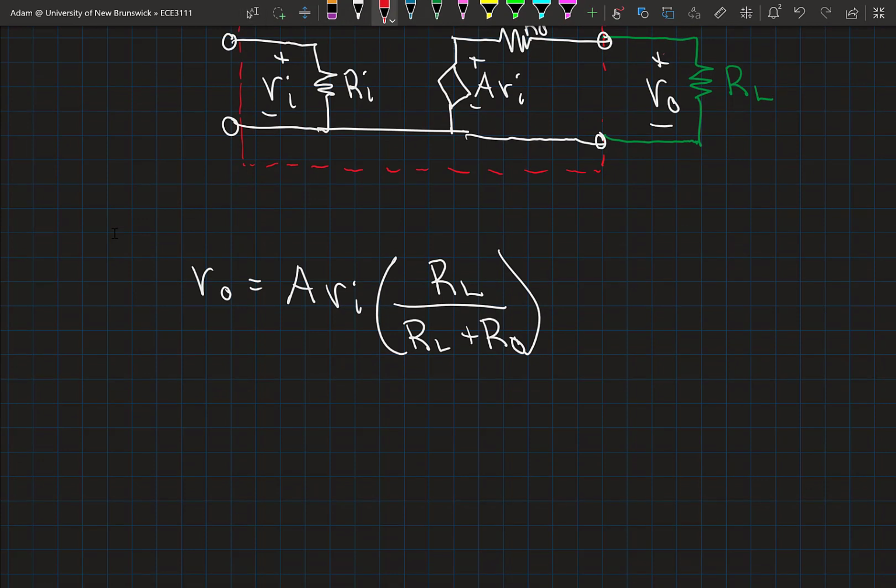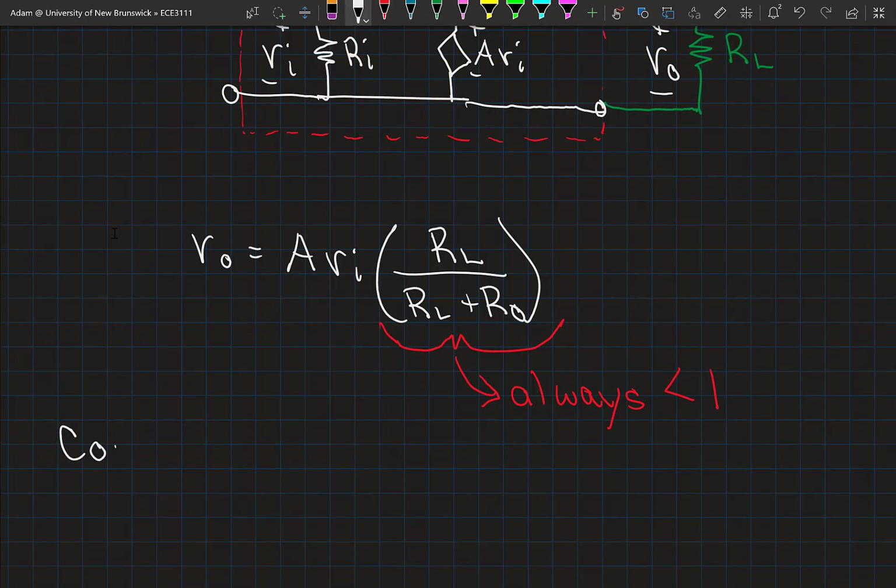And again here we can make the observation that due to this voltage divider term, which is always going to be less than 1, I'm going to get another further attenuation at the output.